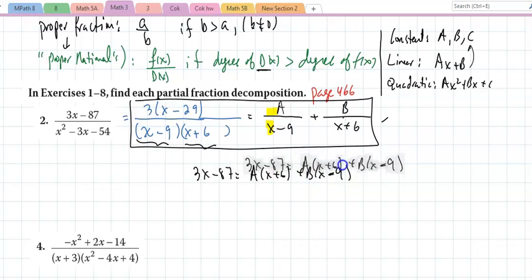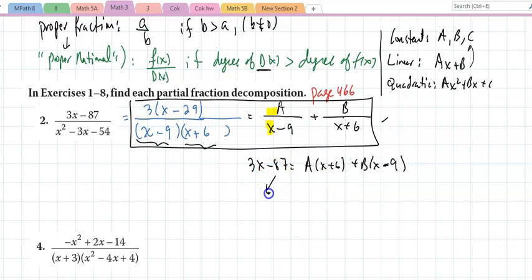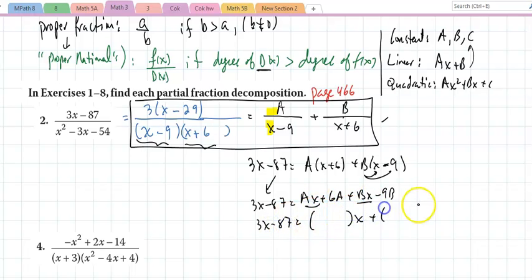The author says from this point you would get rid of the parentheses, get the x's together, get the constants together. If I take the x's, that will be a plus b, and the terms with no x are 6a minus 9b.